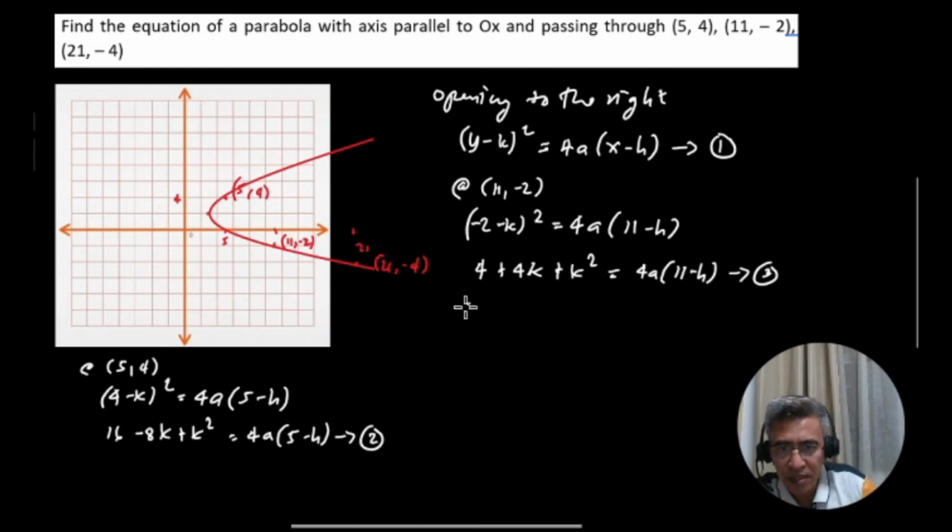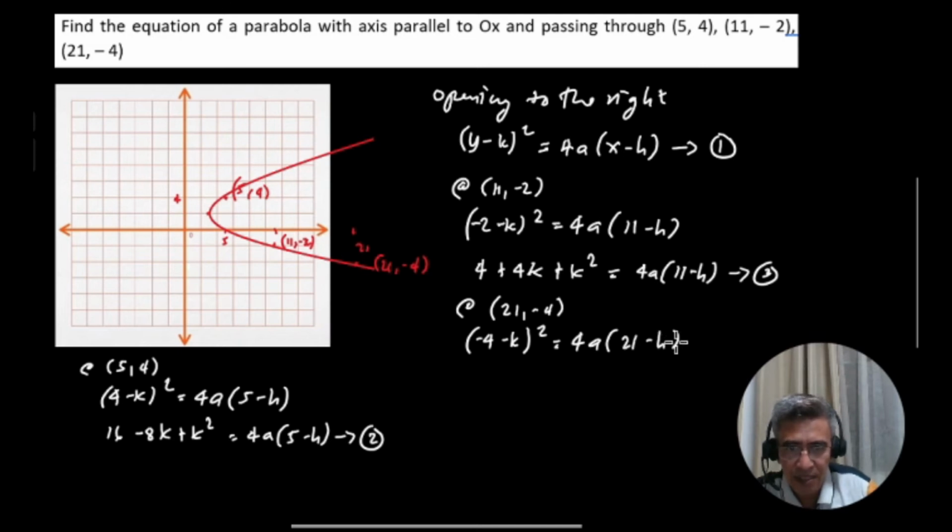And the last point, at 21 comma negative 4, and y is negative 4 minus k squared is equal to 4a, and x is 21 minus h.